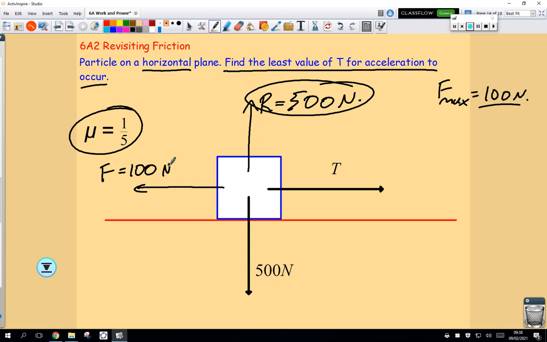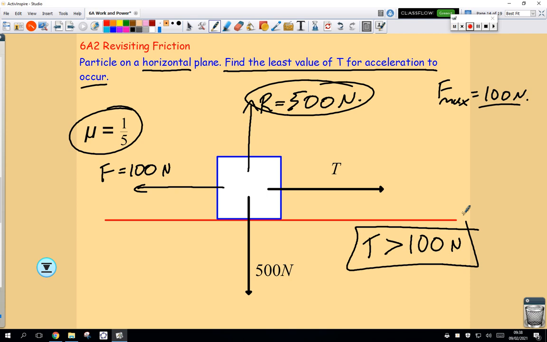So in order for acceleration to occur, the tension would have to be bigger than 100 newtons. So to create motion in this particle through pulling on this string to the right, we would have to have a tension force in the string of 100 newtons. Okay, in my next lesson I'll look at throwing in a few awkward angles in there, but same kind of concept.